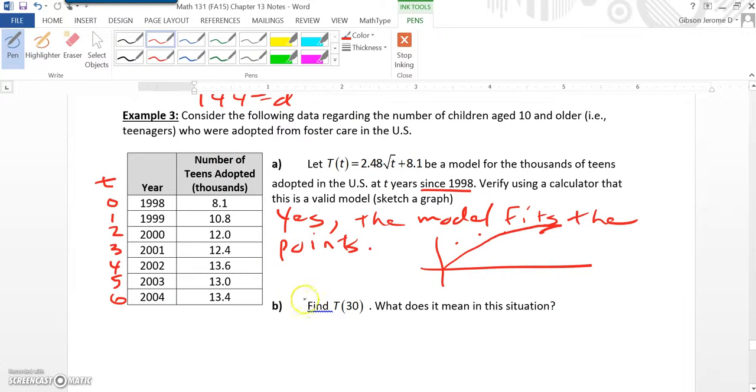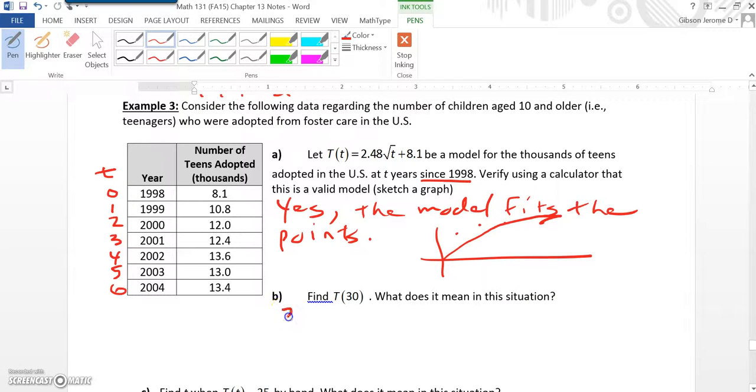Okay, now we scroll down here to B. It says find T of 30. What does it mean in this situation? So what we need to do here is, we know we will substitute in 30 for t, equal to 2.48 times the square root of t plus 8.1.